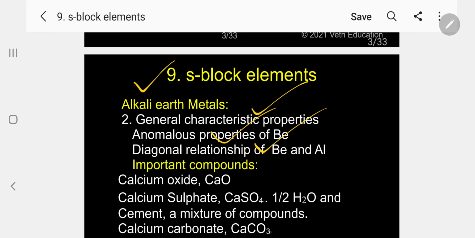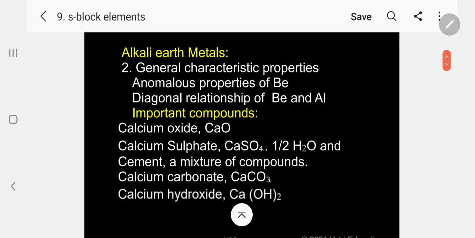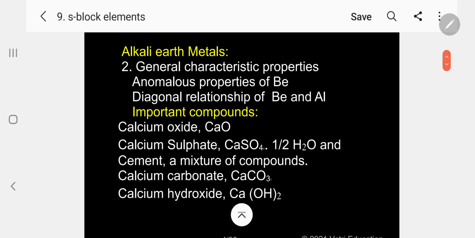The next group, 13th group. Important compounds under this: calcium oxide, calcium sulfate, that is CaSO4·2H2O, cement, a mixture of compounds, calcium carbonate, and calcium hydroxide. So these are the important compounds we have to study under the second group, alkaline earth metals.